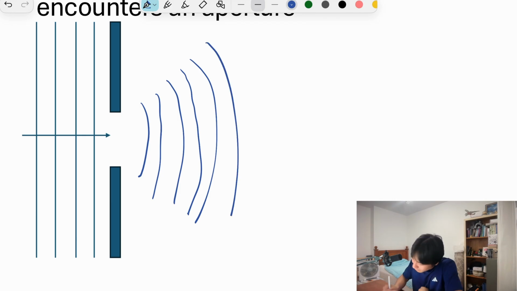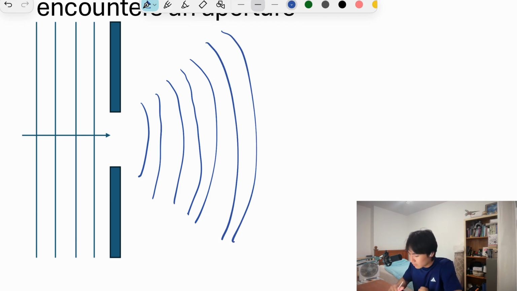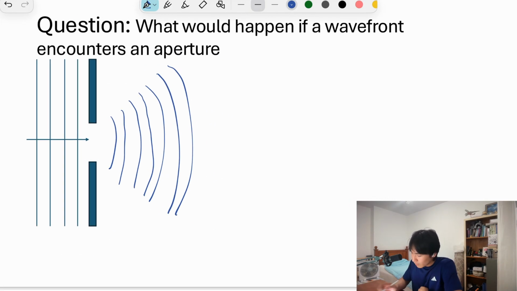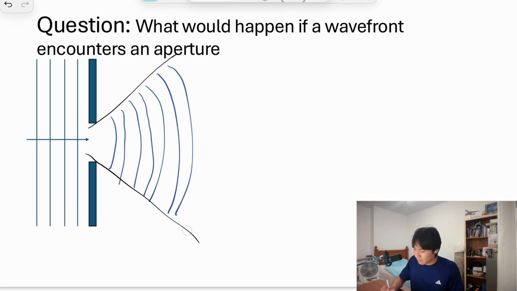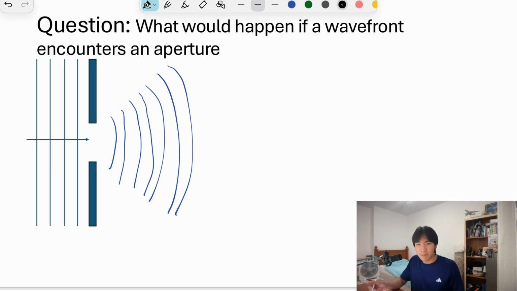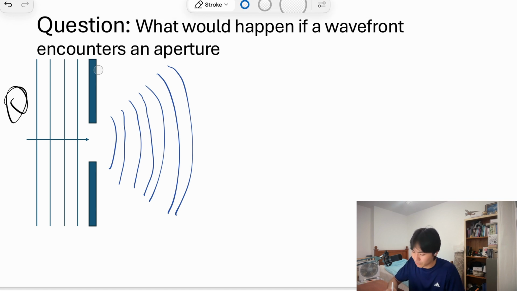They're going to kind of look like Wi-Fi symbols, and they're going to diverge out, they're going to spread. For instance, it's like when you hear a person: say this is a sound wave, someone shouts at you from here, and if you're standing behind a wall here, you're still going to hear them, and that is because the sound wave spreads out after encountering an aperture.